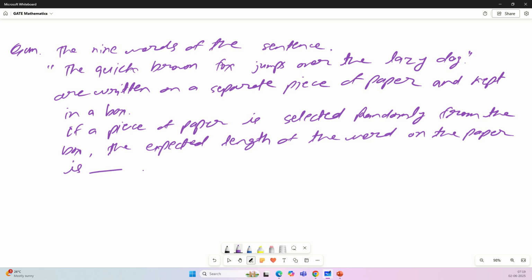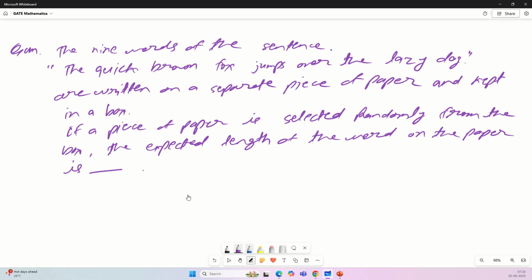So basically you can see there are 9 words: 1 2 3 4 5 6 7 8 9. Each of them is written on a sheet of paper separately, and you are going to select any one paper. If you take one paper, what will be the expected length? Basically they are asking you the mean length. Okay, so this is also a random variable.